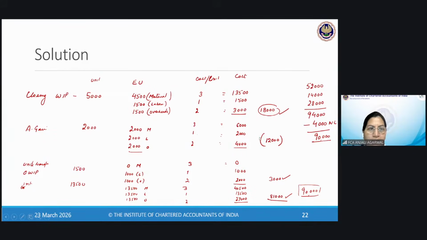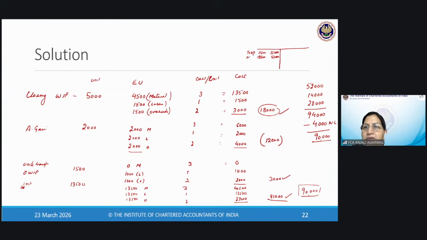Okay. And finally, using this, you can prepare a process account very simply. I'll just show it here how you prepare the process account. You will write opening WIP 1,500 units, which is 15,000. Then you had 18,500 units raw material, which was 52,000.